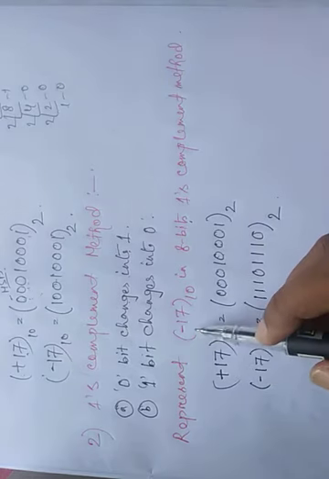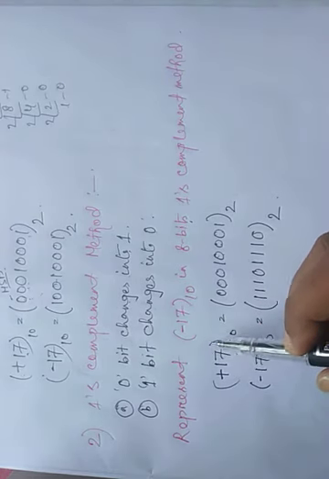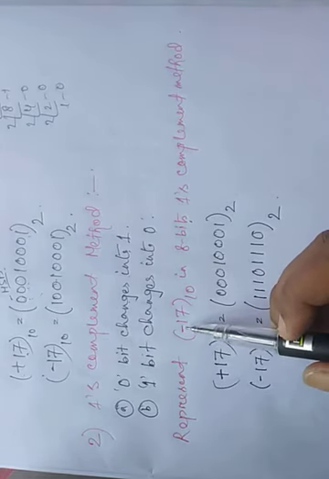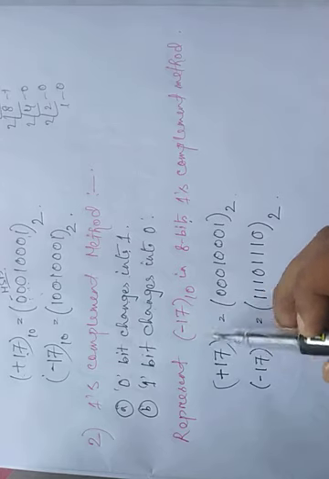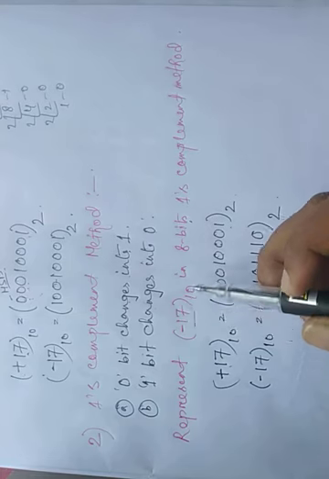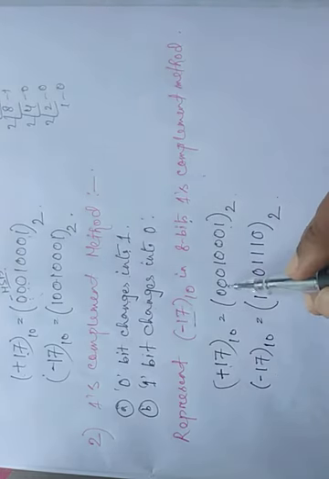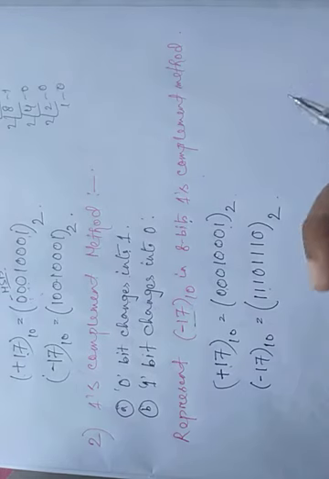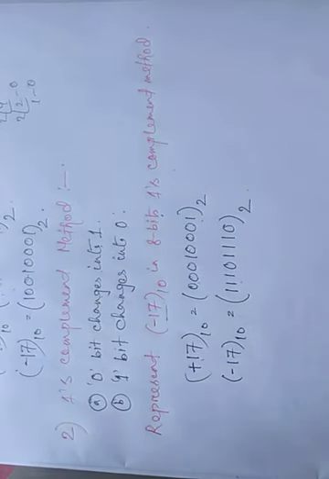So what you should do? At first you find out the plus 17 value, the plus value of the number which you have to convert, then change it where the 0 changes into 1, 1 changes into 0. Okay. Again, let us see another example.